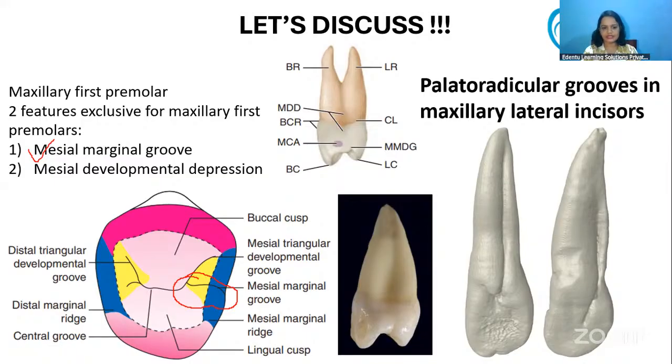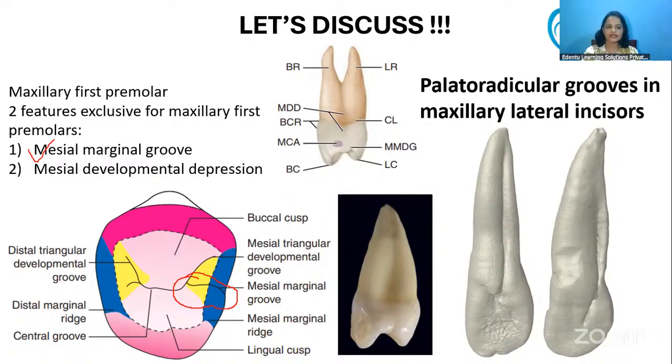This groove is present only in maxillary first premolars. So the maxillary first premolar has two distinguishing features to distinguish it from the other teeth, like the mandibular first premolar or the maxillary second premolar.